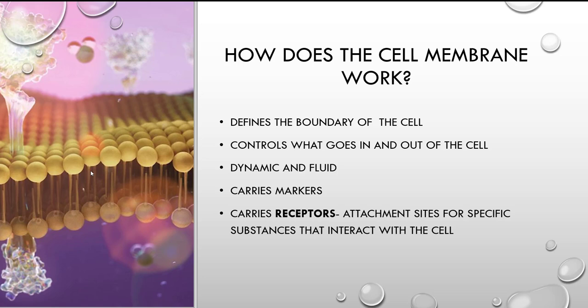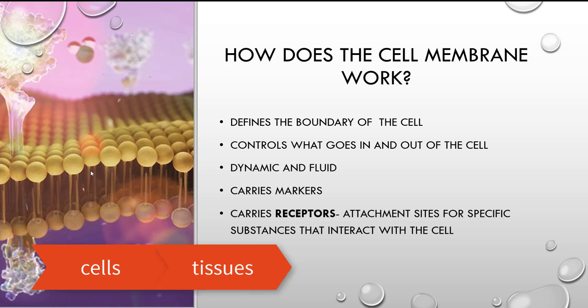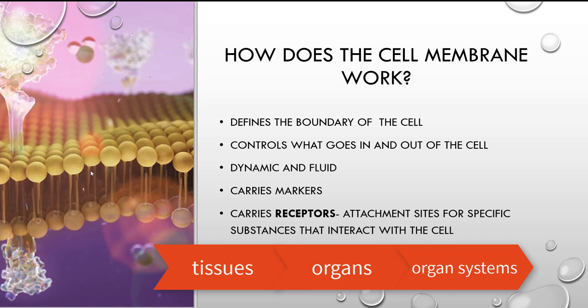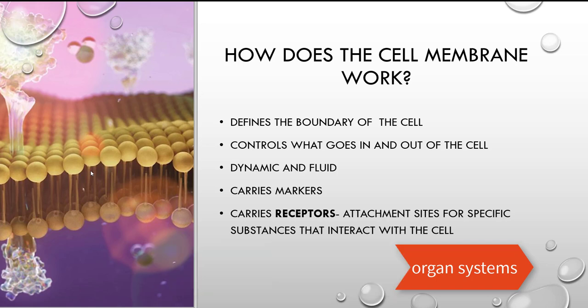So they need to distinguish each other to be able to form tissues. So clumps of cells form tissues, and then tissues form organs, and organs form organ systems, and so forth. So they have markers on them to be able to recognize each other and be able to form tissues, okay?